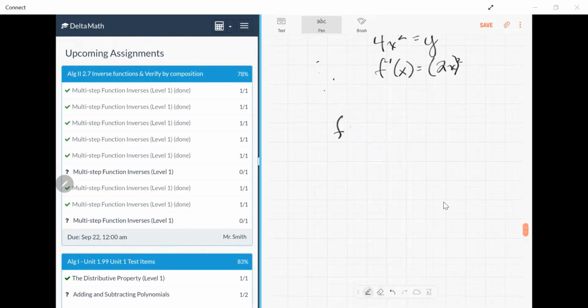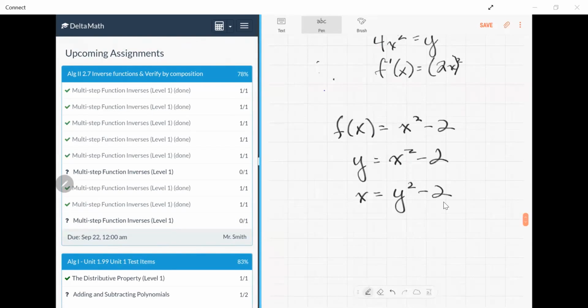All right, so if you had f of x equals x squared minus 2, this is how you do that. Then I flip them, so I have x equals y squared minus 2, add 2 to both sides, so we get x plus 2 equals y squared.